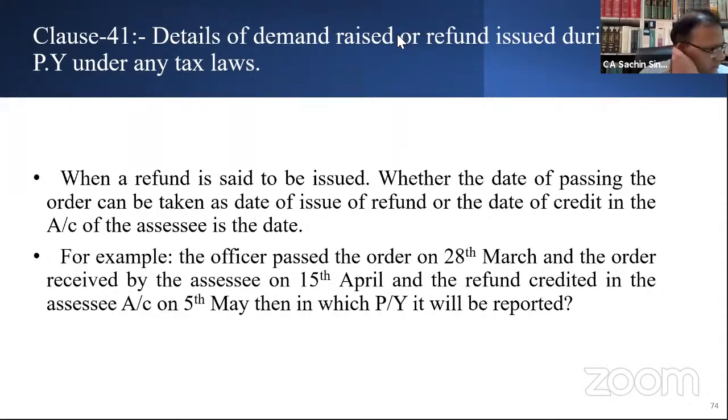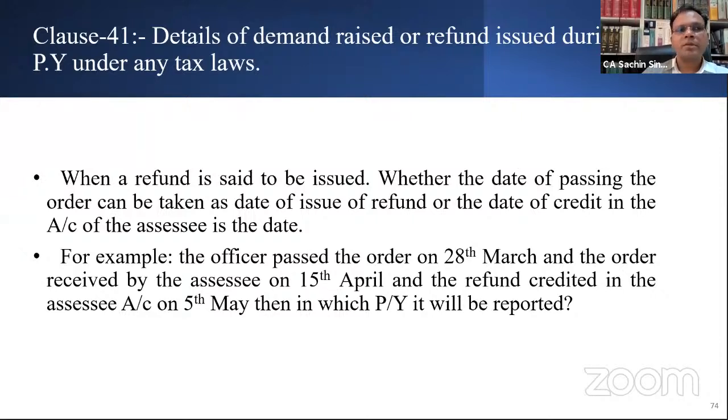If you see, as far as the demand and the refund issued by the department are concerned, there is always a gap of some timeline, because it is not credited to your account on the same day when the order is passed.